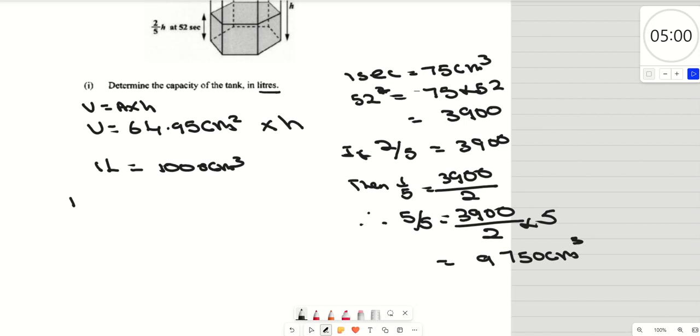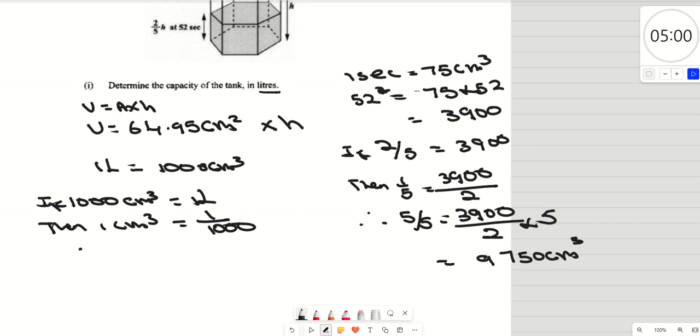So we could switch it around. If 1,000 cm cube equals 1 liter, then 1 cm cube equals 1 over 1,000.